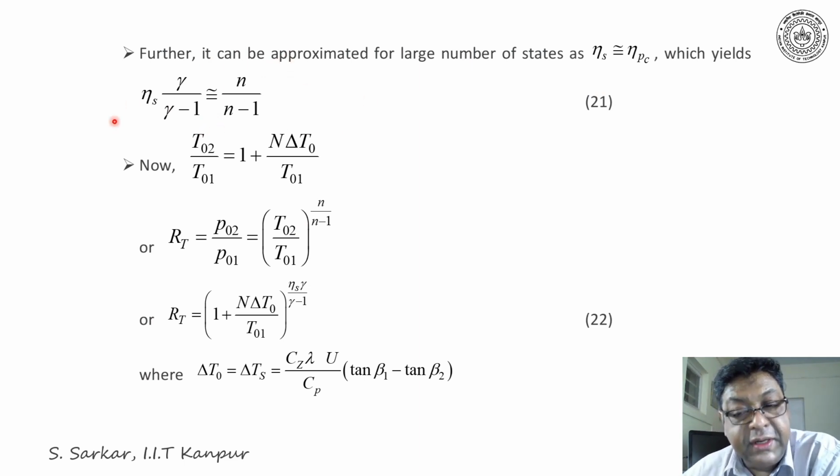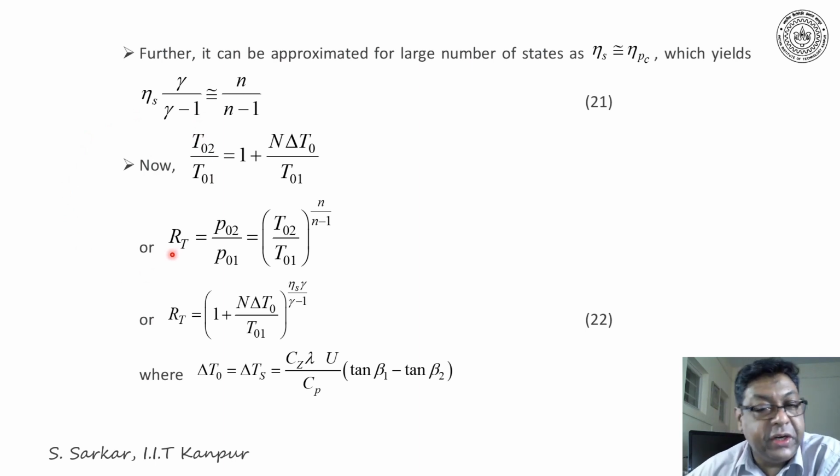Now, the overall temperature ratio of the compressor, T02 by T01, would be equal to 1 plus n into delta T0 divided by T01. Now I have expressed the temperature ratio, thus I can express the pressure ratio.